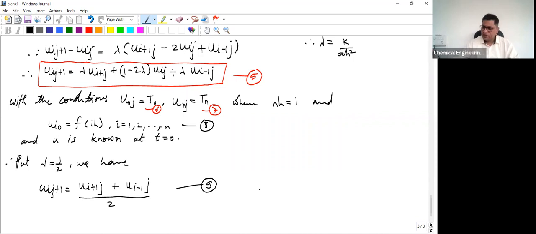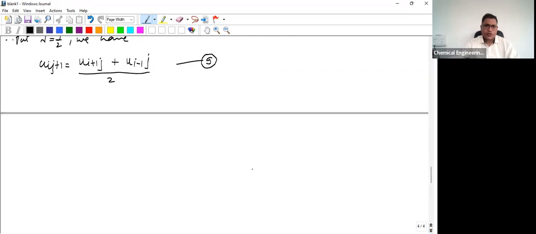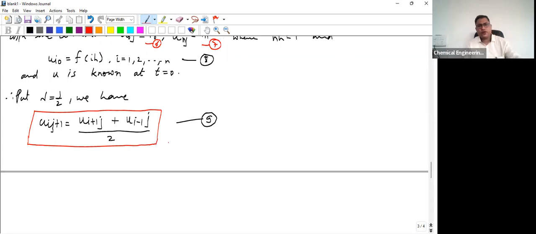This is equation 9. Again, so here, this equation 9 gives us the 3-point formula.